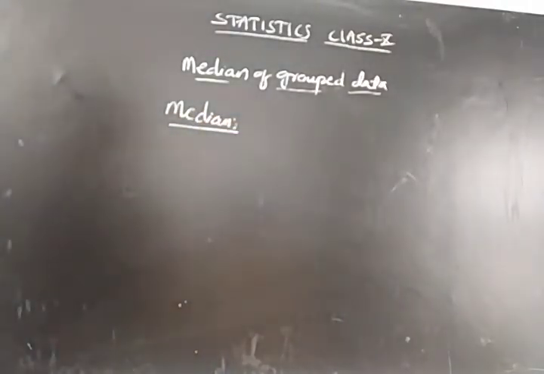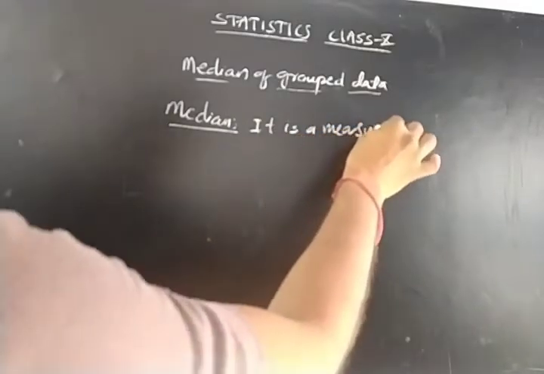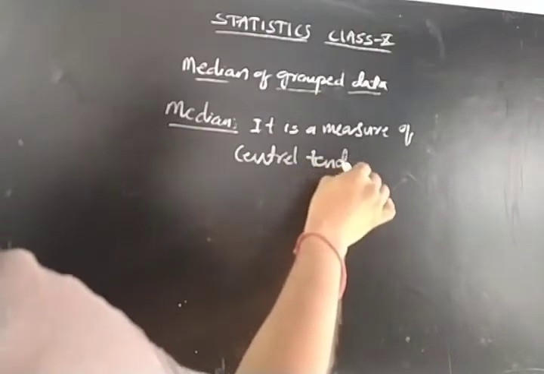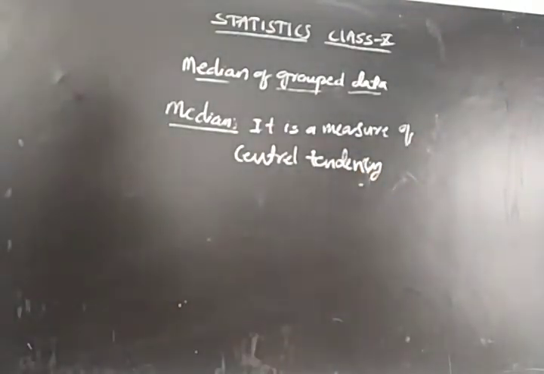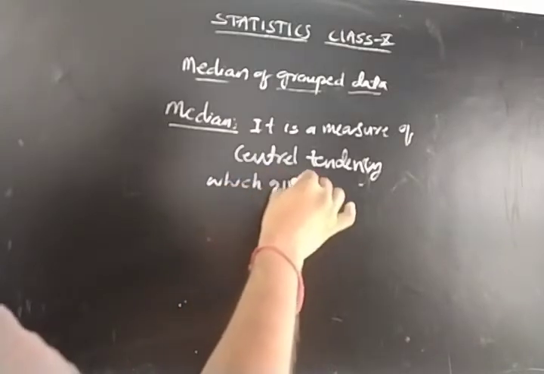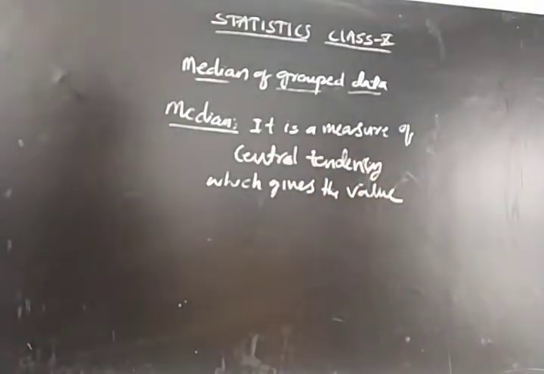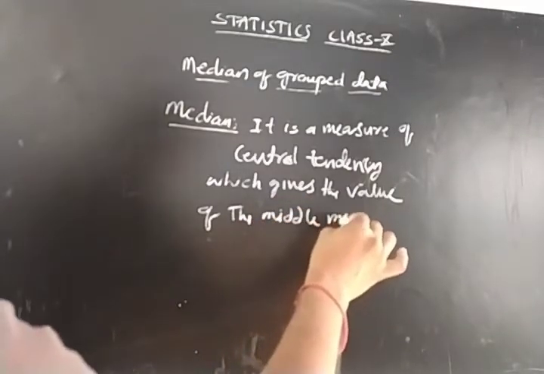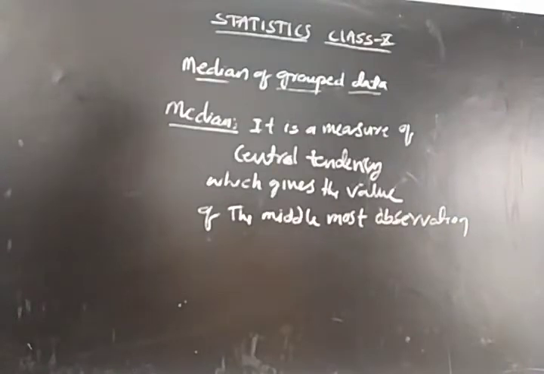Median is a measure of central tendency which gives the value of the middlemost observation in the data.